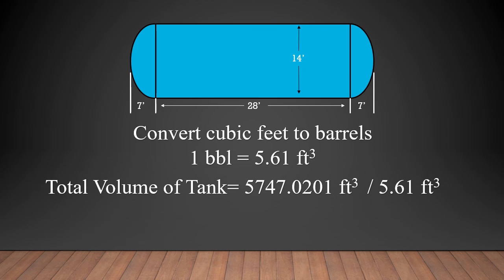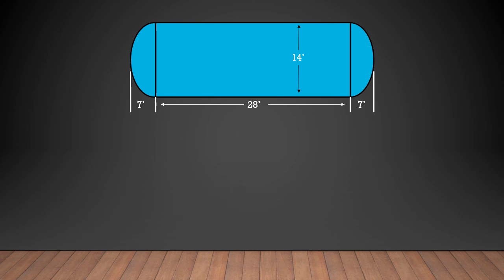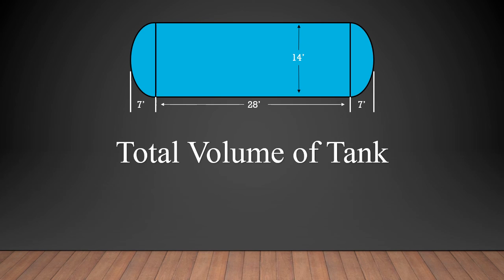Because what we're trying to figure out is how many of these 5.61 cubic feet sections can we fit inside this tank. If you multiply it, you're going to get the wrong number. So we enter that into our calculator, and what do we come up with? 1,024.43 barrels.